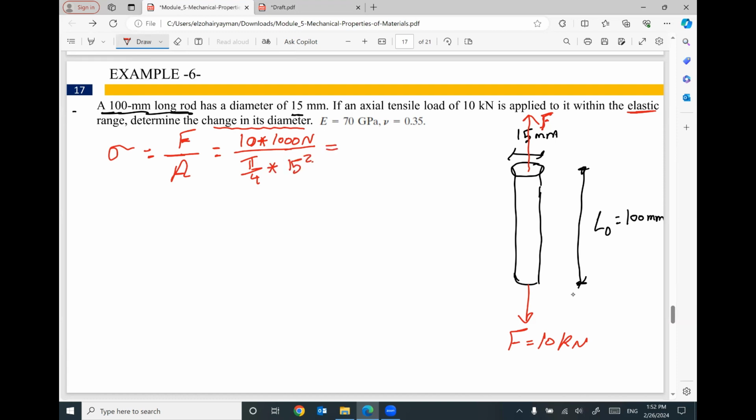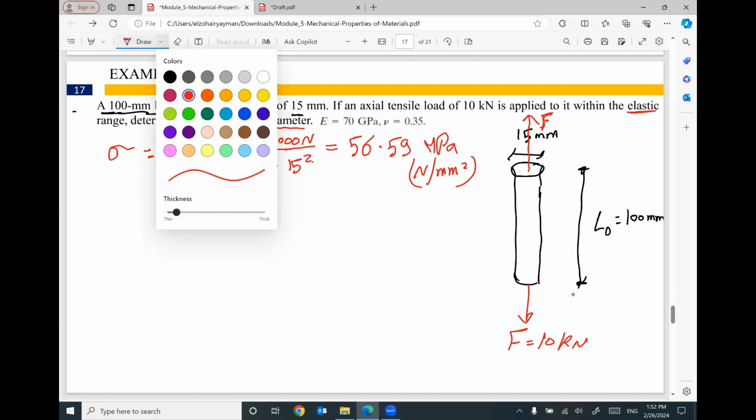Then I can figure out the stress in this member: 10 times 1000 divided by pi divided by 4 times 15 square. So the stress will be 56.59 megapascal, because this one will be Newton per millimeter square, which is megapascal.